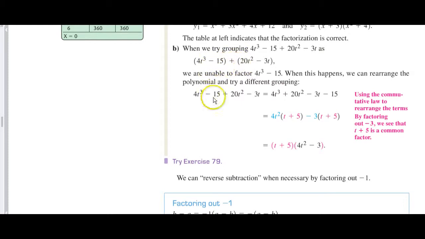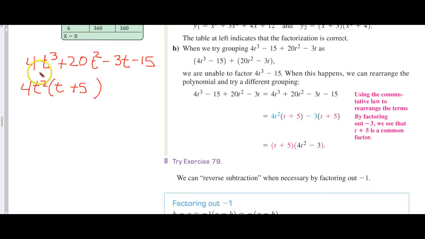I would have done it a little differently than this. In fact, I would have said, let's regroup this and put it in descending order. So I'm going to show you that.